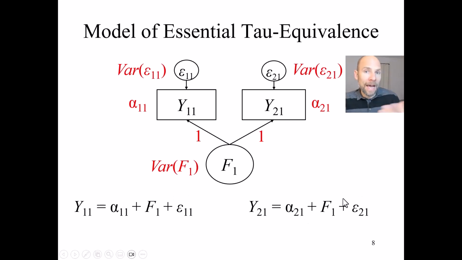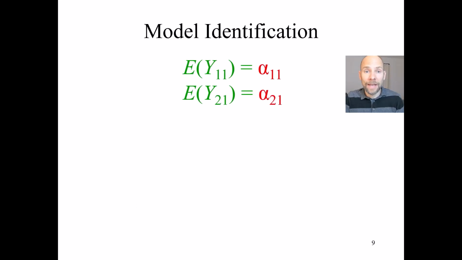When we apply algebraic rules for means and for covariances, we find that the alpha intercepts are directly identifiable as the observed variable means, because the latent factor mean is assumed to be 0 by default.